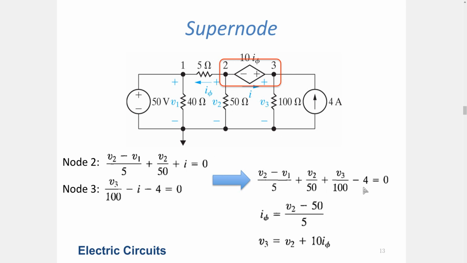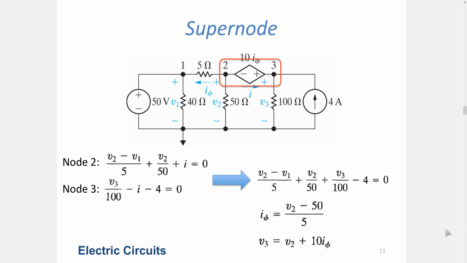And this is actually the combined two equations generated by the KCL at the second and the third circuit nodes. We also have an auxiliary equation defined by the terminal equation of the dependent current source. It depends on I phi, which is defined as (V2 minus 50) over 5. We simply have V3 as V2 minus 10.